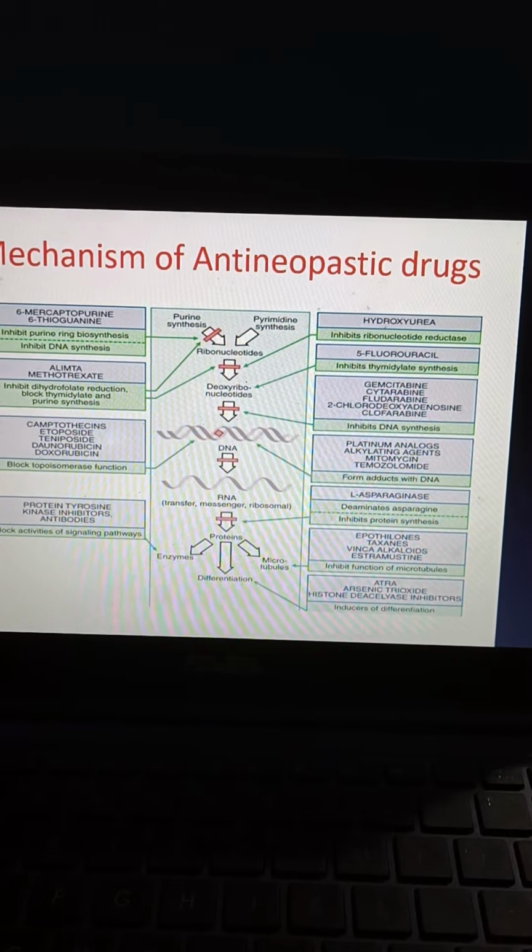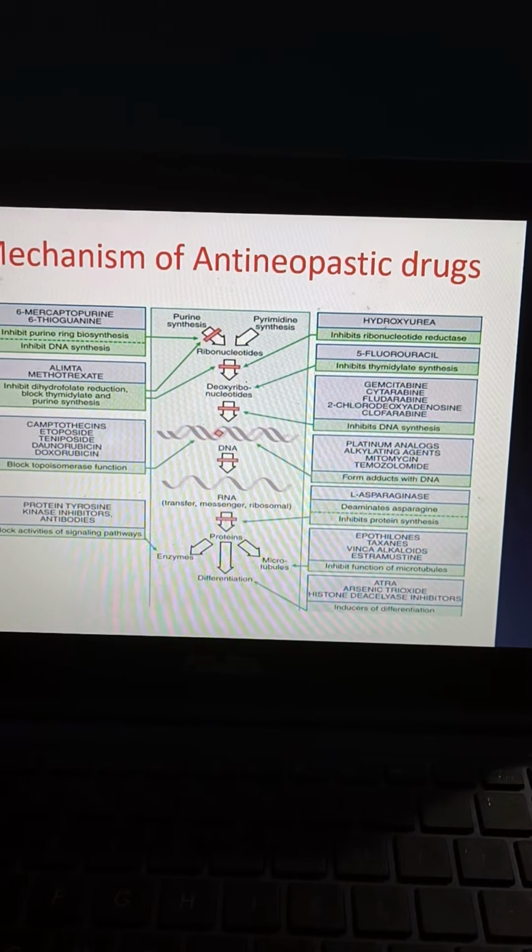Then the S phase specific self-limiting drugs, those that inhibit S phase, are 6-mercaptopurine and methotrexate. And the S phase specific drugs are cytosine arabinoside and hydroxyurea.